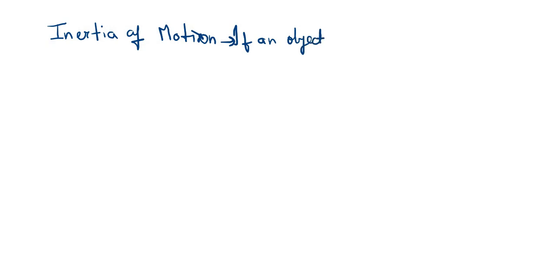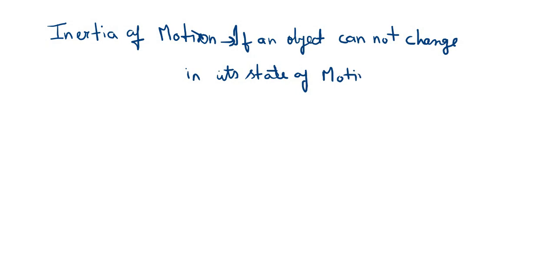Now we will define inertia of motion. If an object cannot change its state of motion by itself, it is said to have inertia of motion.